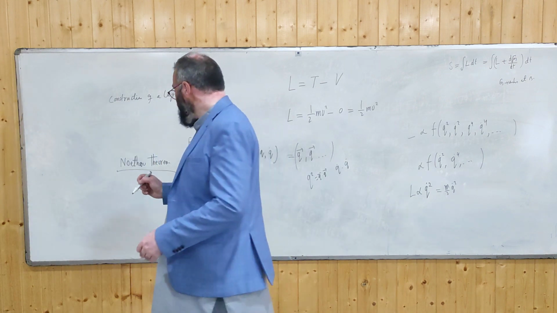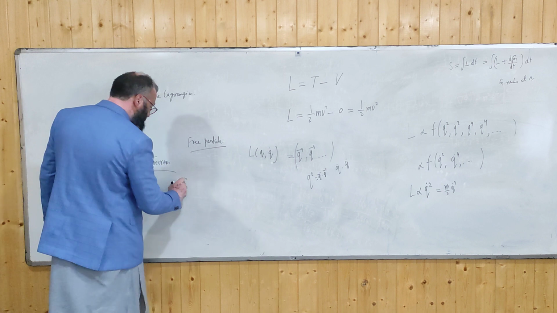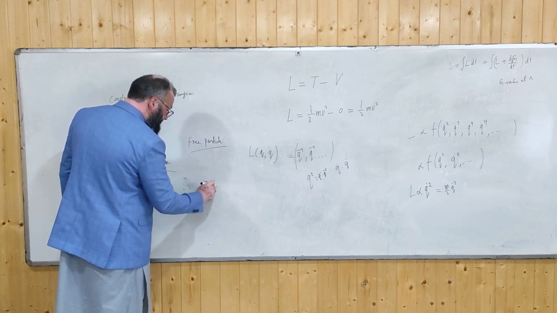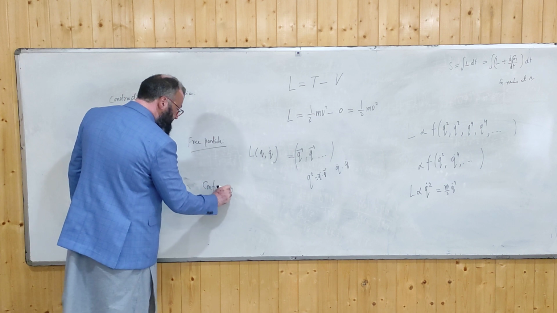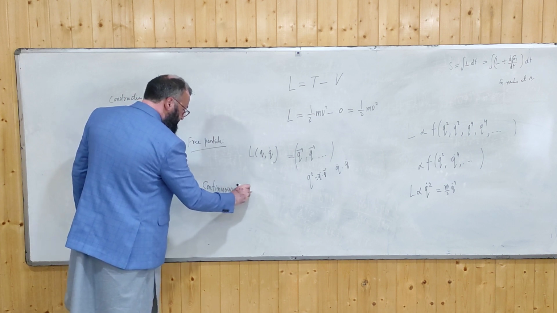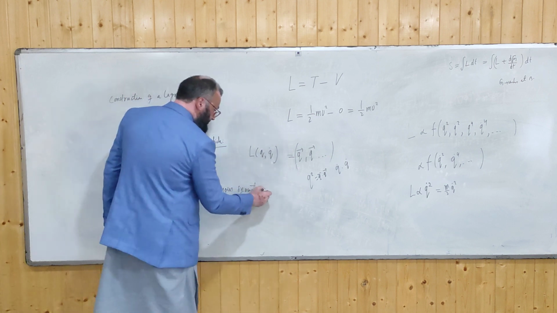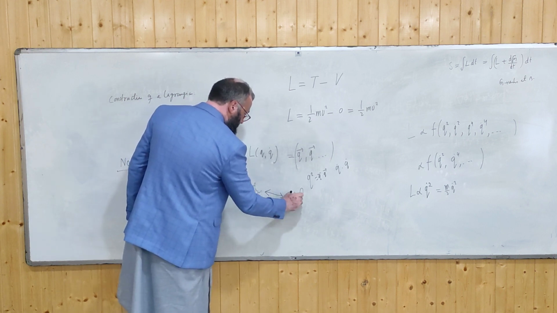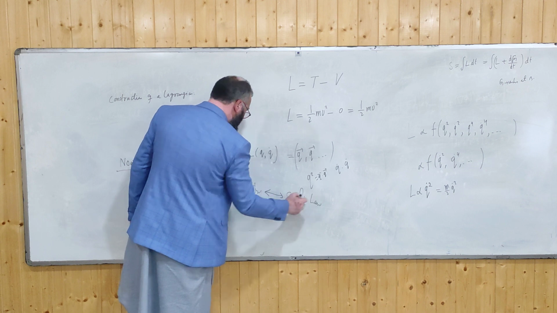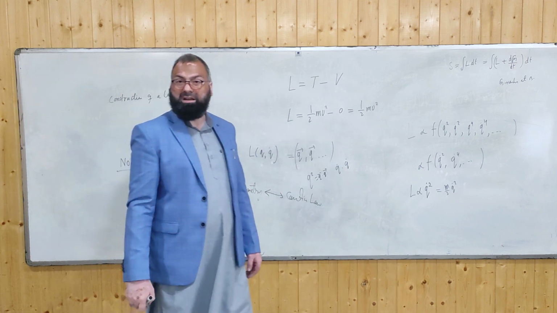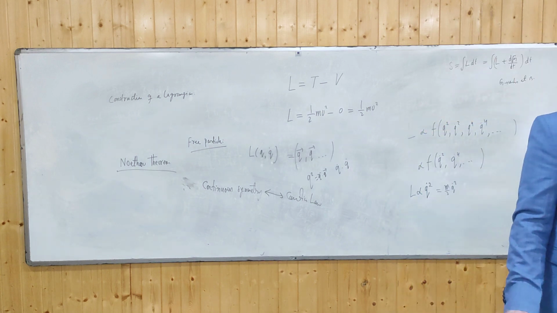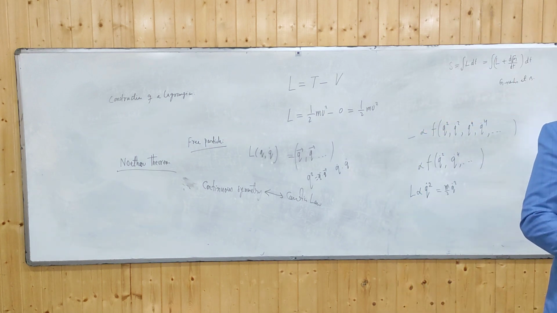In other words, I will write it in this fashion: you have a continuous symmetry, so it implies a conservation law. So if you have a conservation law, it means there exists a continuous symmetry, or if you have a continuous symmetry, it implies a conservation law. So this is the content of the Noether theorem.